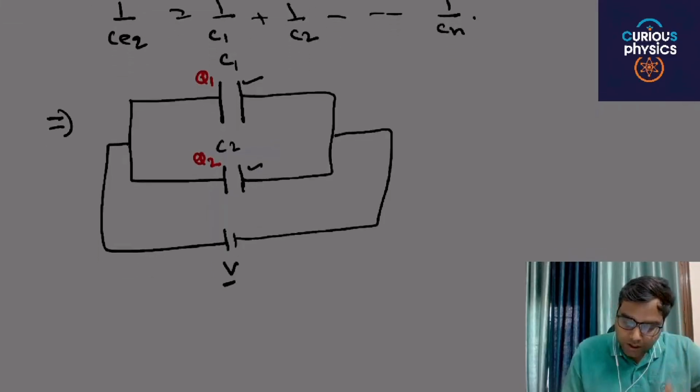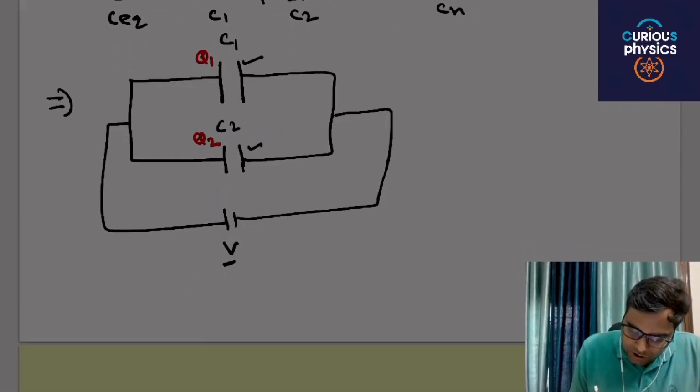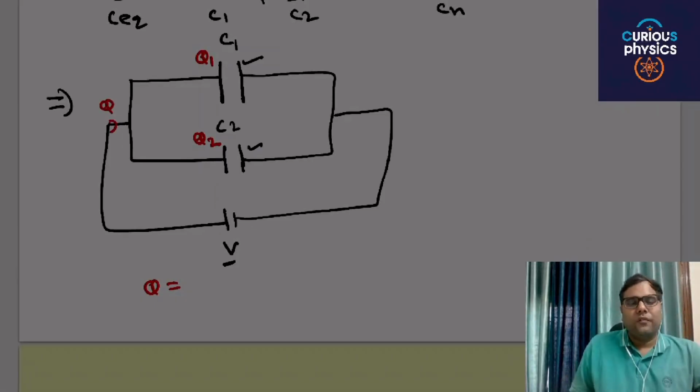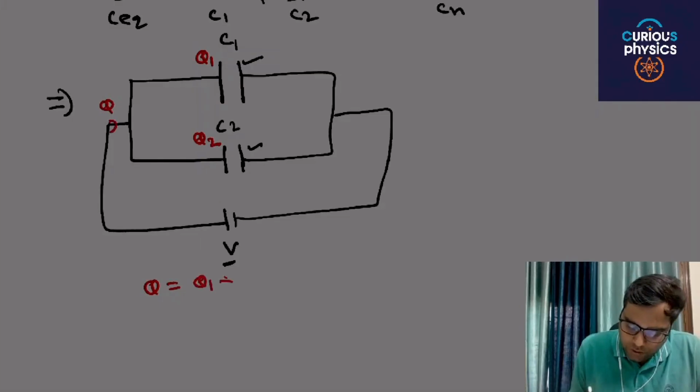So here the total charge Q is moving across this, because if the Q charge is moving, then Q1 goes to the first capacitor and Q2 goes to the second capacitor. Then Q is equal to Q1 plus Q2.